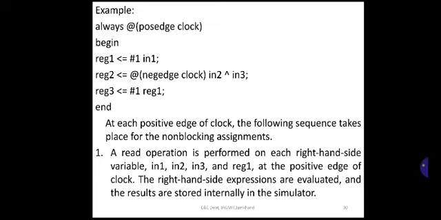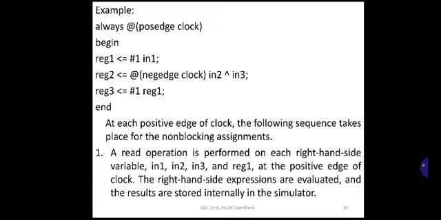So it's a common event, the positive edge of the clock. Whenever the positive edge of the clock pulse occurs, the read operation on the right hand side takes place. So the right hand side expressions are evaluated here. Whatever value is available is evaluated and the results are stored internally in the simulator temporarily.